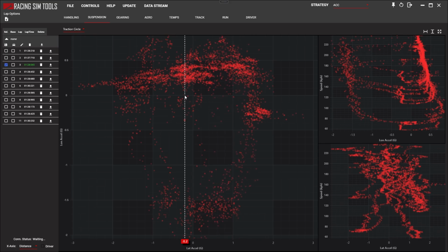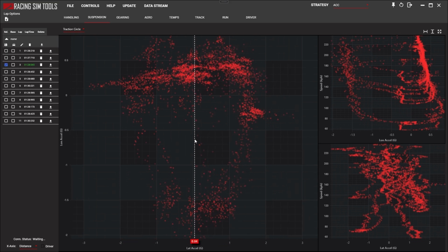So anytime you're doing setup work, anything you can do to get this to expand, the better. A lot of times if I'm doing setups, I'll see if there's any change in the traction circle, and hopefully it expands. That's kind of the goal of the setup engineer, to really try to expand the circle as much as possible. One thing that we said is, again, the x-axis is lateral acceleration, so you're cornering. The y-axis is your longitudinal acceleration.